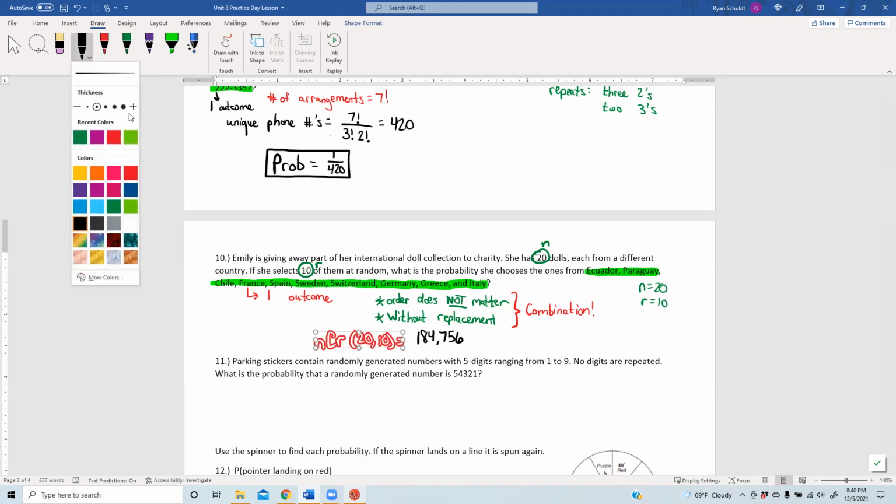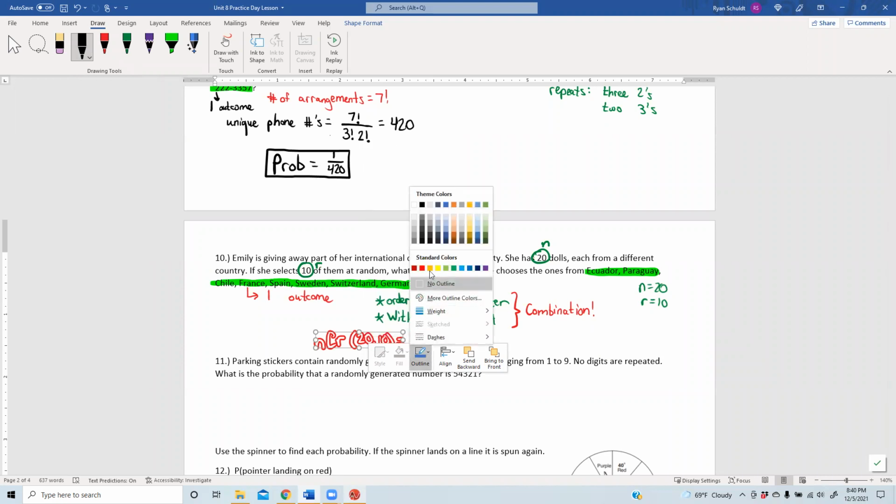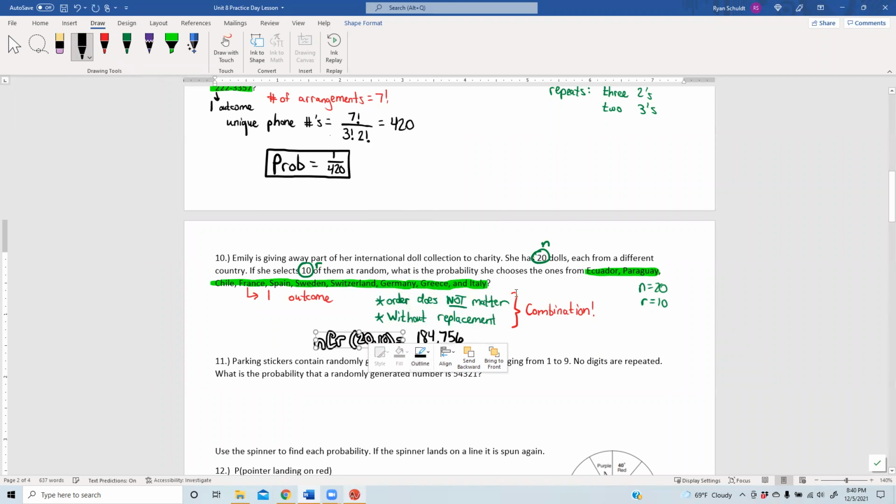That's how many different ways she can pick these dolls. Now, with that being said, it doesn't ask for that. It says, what is the probability? That's one outcome, so the probability would be 1 out of 184,756.